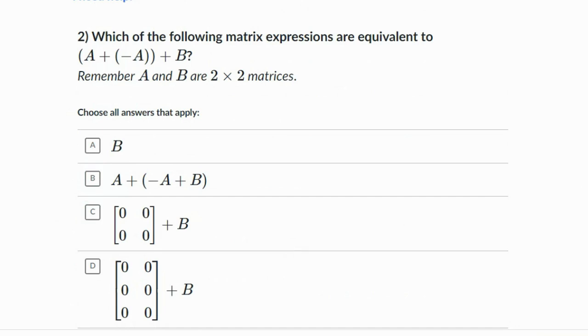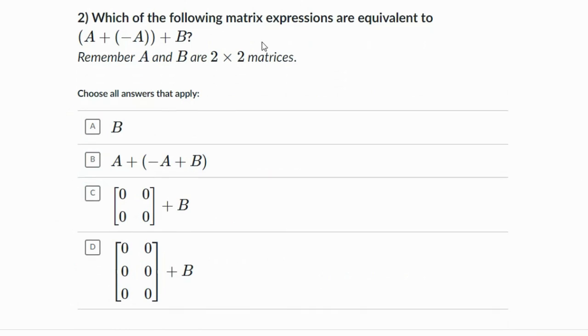Oh, this was a good one too. Which of the following matrix expressions are equivalent to A plus negative A plus B? And they're all 2 by 2 matrices, so that's important. A plus negative A plus B is the same as what?